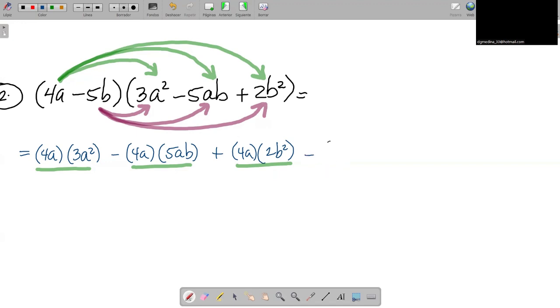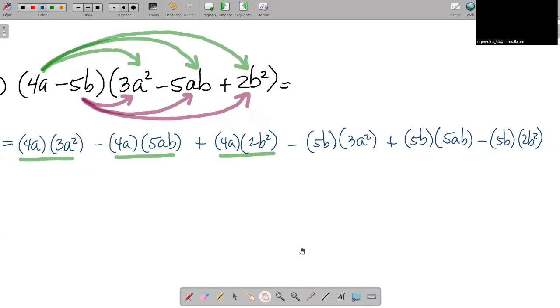We have negative 5b times the first term, 3a to the square. Negative times negative, positive 5b times 5ab, and negative times positive, negative 5b times 2b to the square. Okay, so again, I'm going to underline for you to know that these terms correspond to the purple arrows.